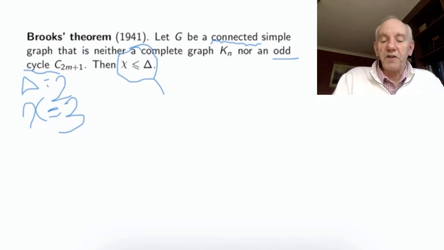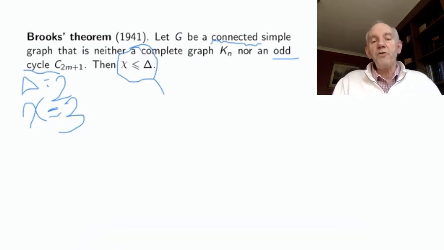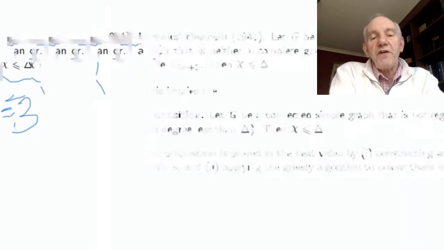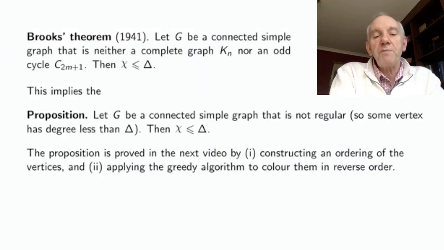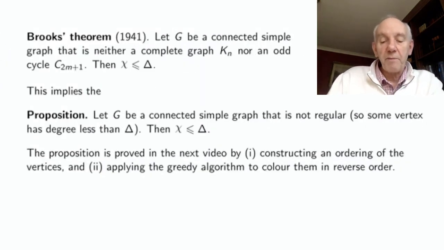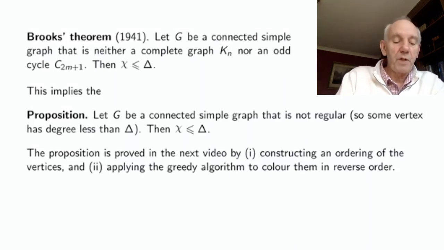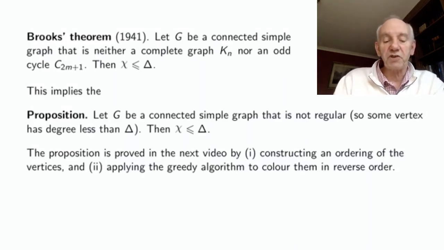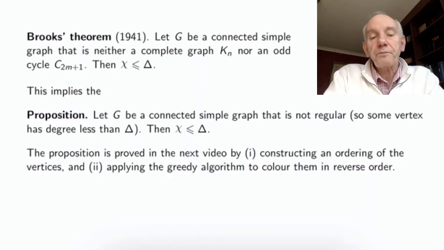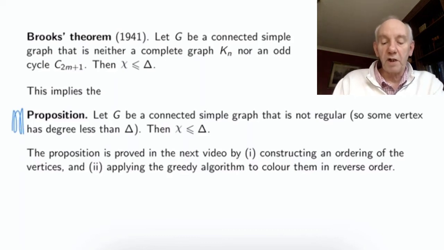Brooks's theorem is very useful, but we're not going to prove it in this generality. We're going to prove a corollary of it, namely this proposition here, which just has weaker hypotheses. Rather than saying that the graph is not Kn or an odd cycle, it makes a much stronger hypothesis that the graph is not regular.